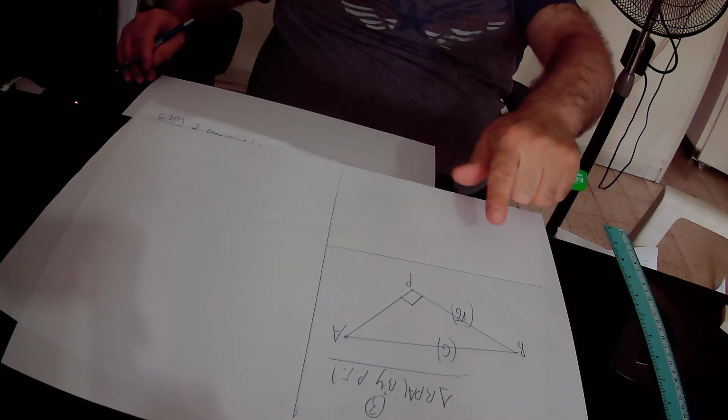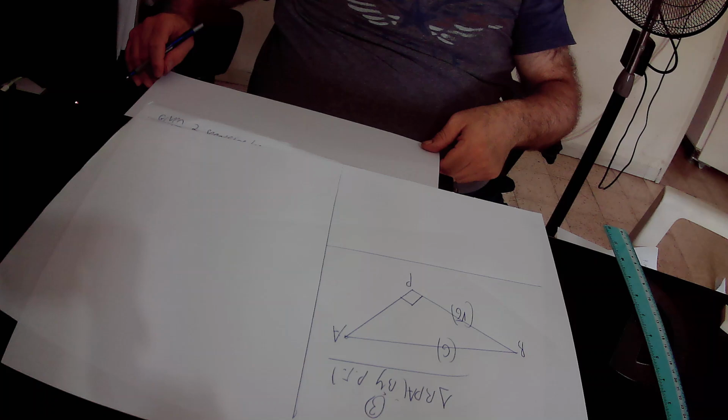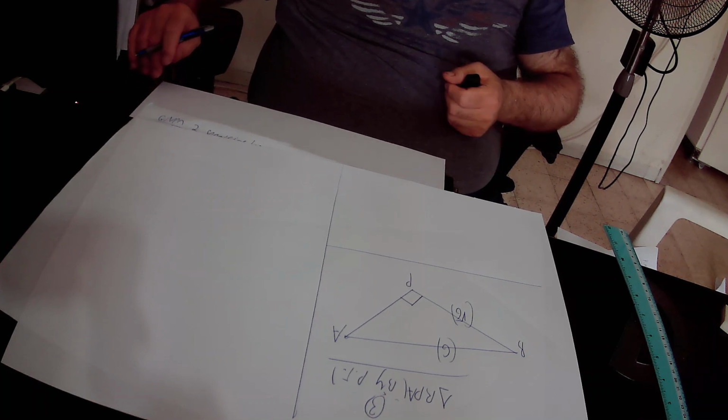So actually, this is the right triangle BPA that is covered from the original drawing.